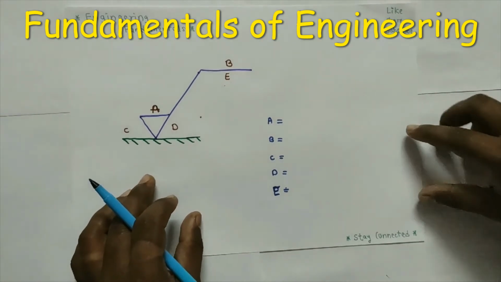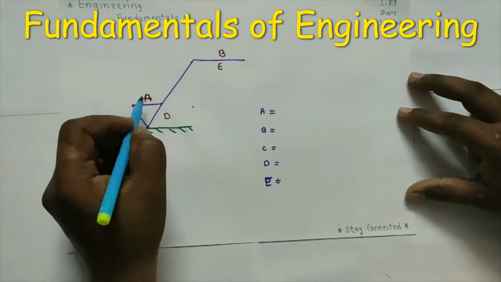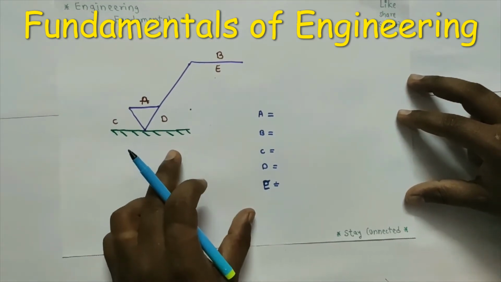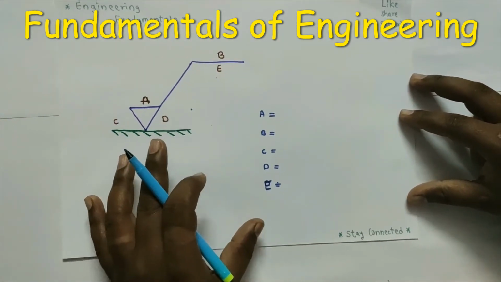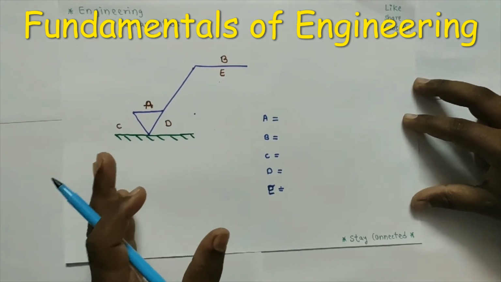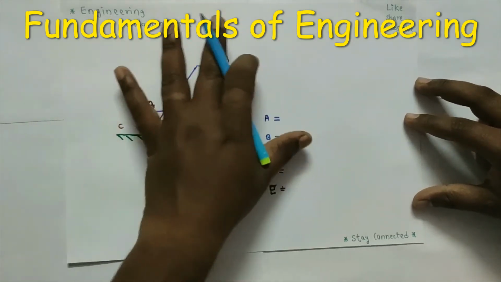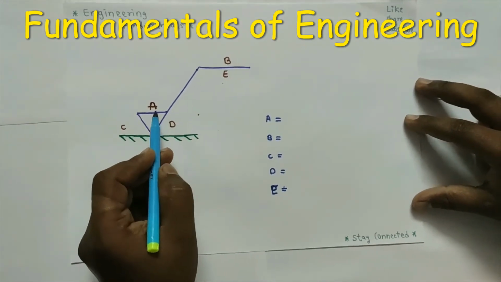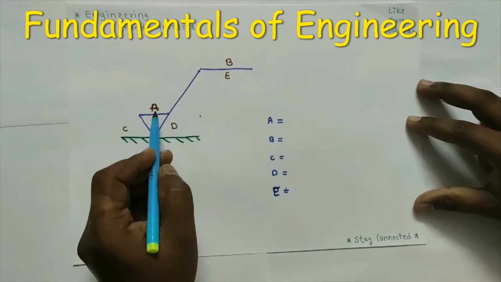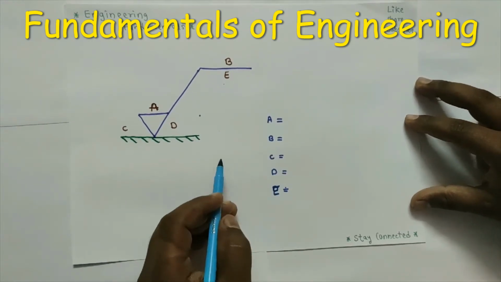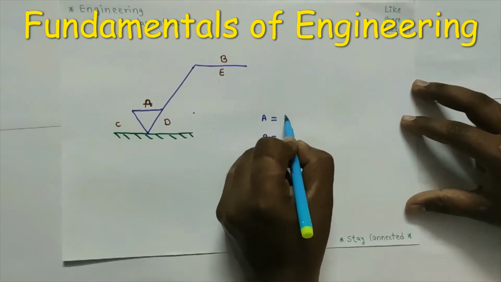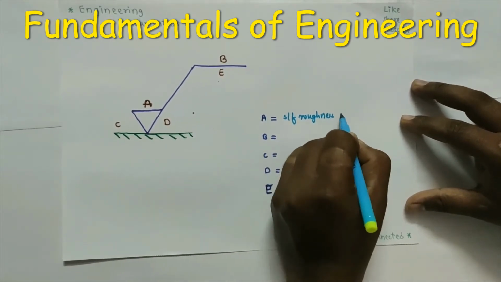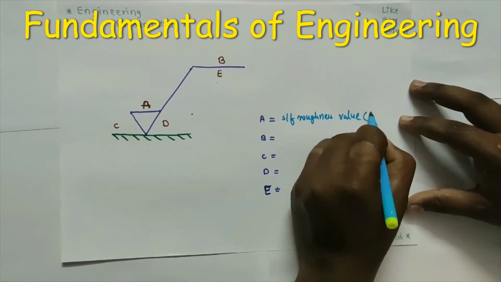Then the engineering drawing also mentions how that value is obtained, what the cutoff length is, and so on. For that, this type of symbolic representation is given. I have written the names A, B, C, D. A is the surface roughness value, that is Ra.